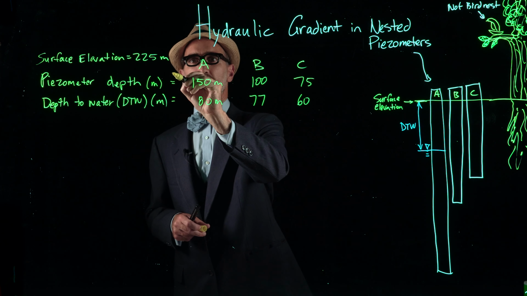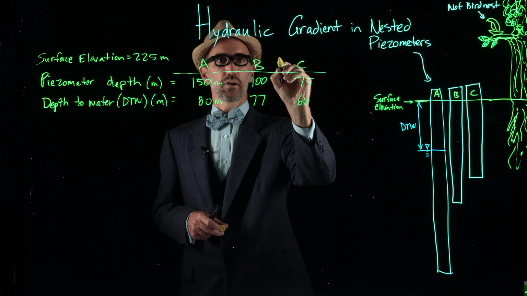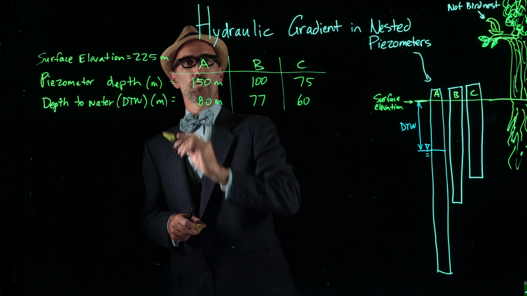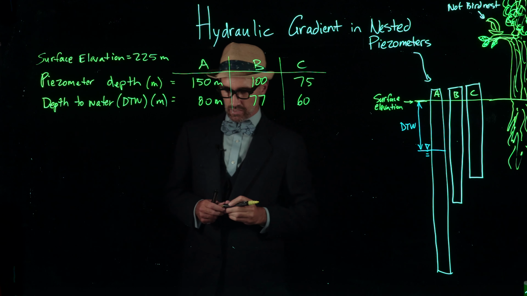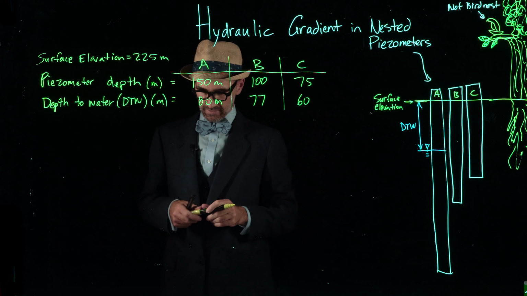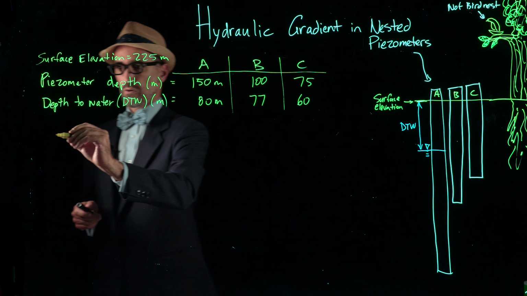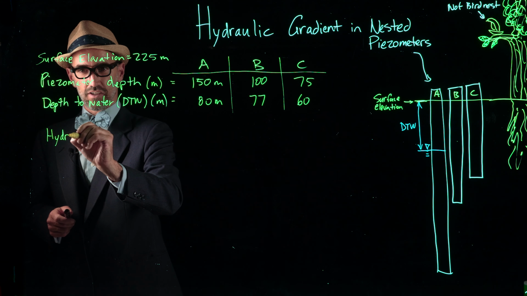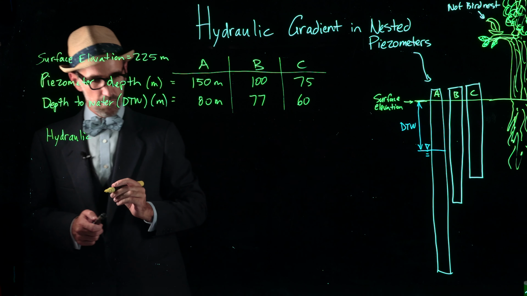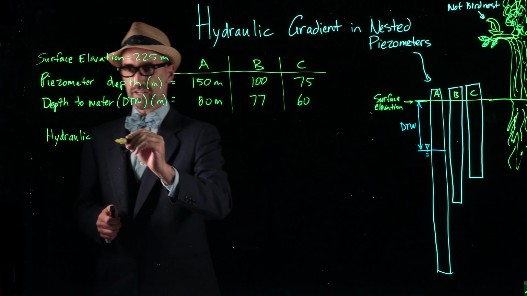So we can think of this as a little table that we're going to fill out as we go through this problem. The first thing we want to calculate is the hydraulic head. Hydraulic head, as we've talked about in class, is the sum of pressure head and elevation head.